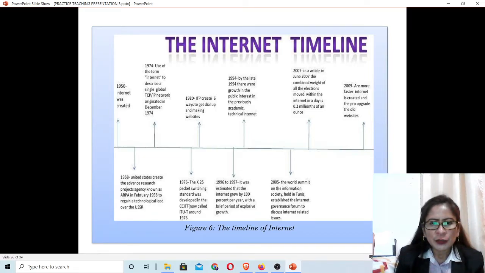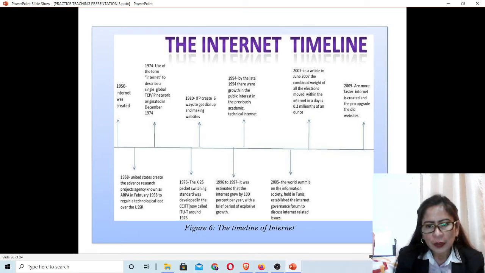In 1996 to 1997, it was estimated that the Internet grew by 100% per year, with a brief period of explosive growth. By late 1994, there was growth in public interest in the previously academic, technical Internet.